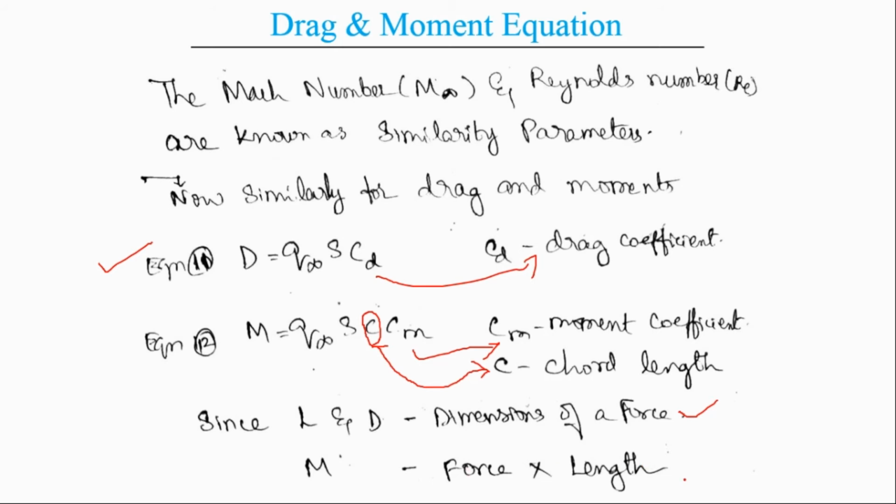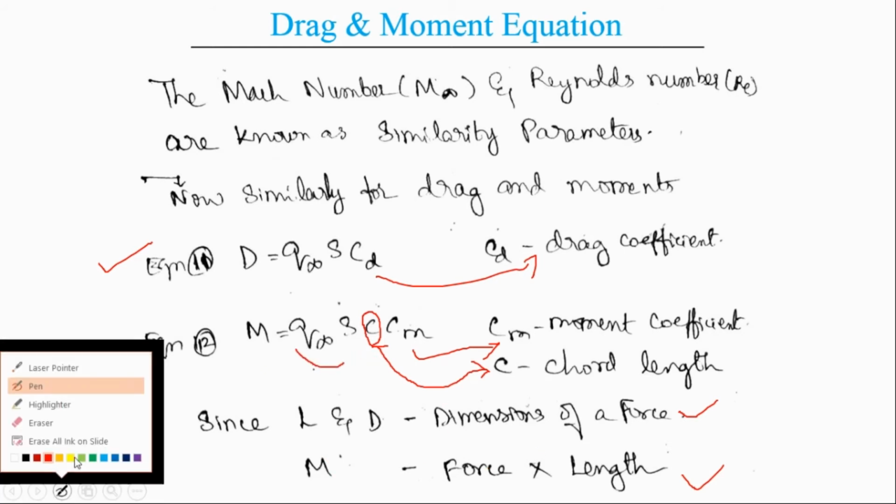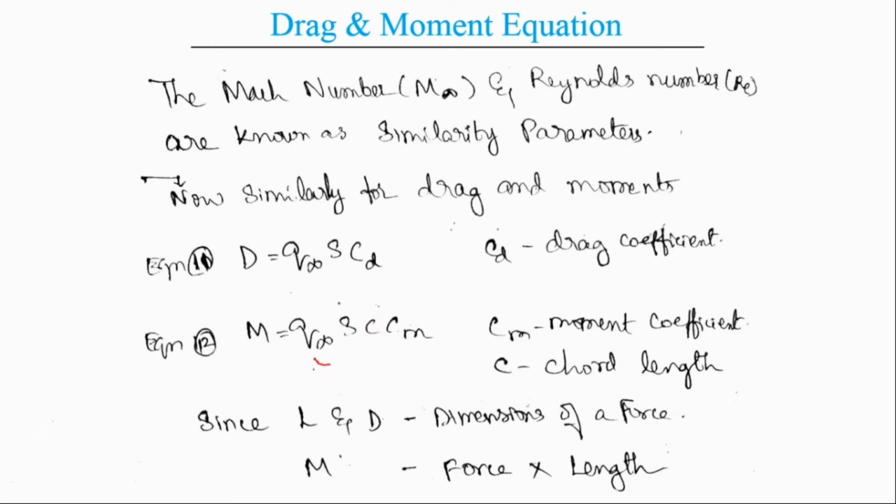Moment is force times the length or the distance. So the force term is the same as in lift and drag, but the additional term C is nothing but the chord length. This results in the moment, that is force times length.